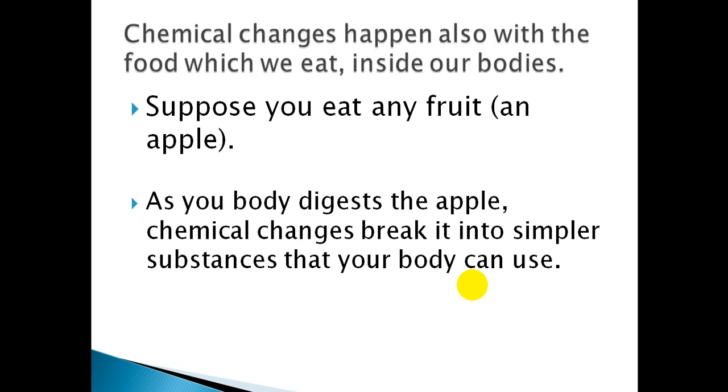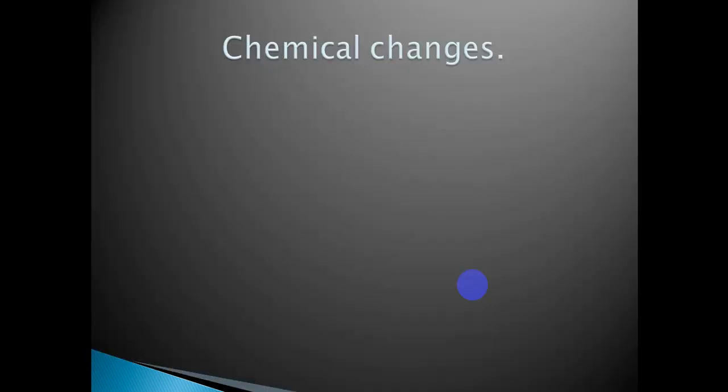Your body cannot use the apple as it is, as a big part or even smaller pieces. So the body starts to digest and make it something so simple, like juice or liquid inside your body, so your body can use it. So it's a chemical change. You cannot move the apple or any food back as it was.